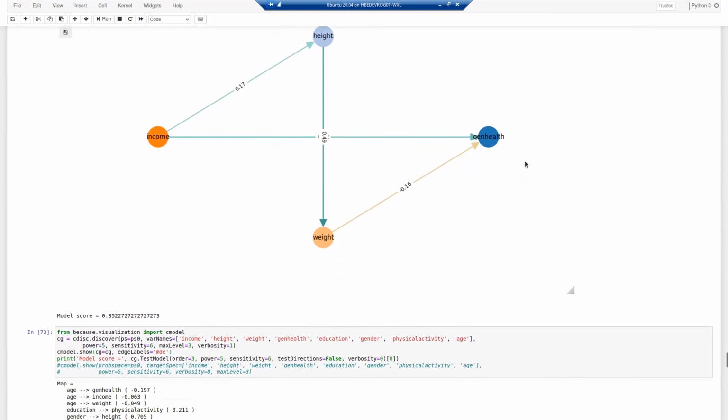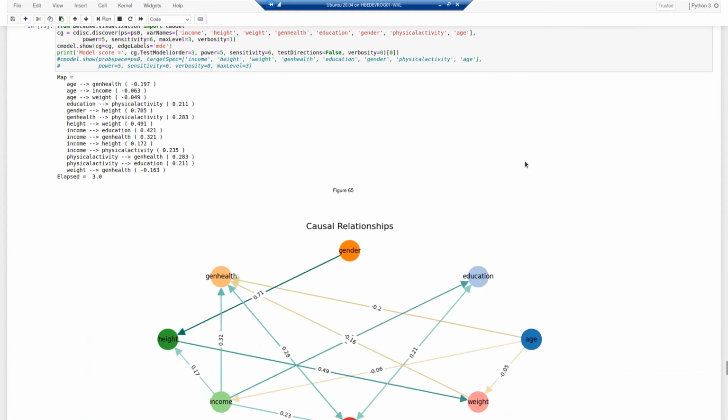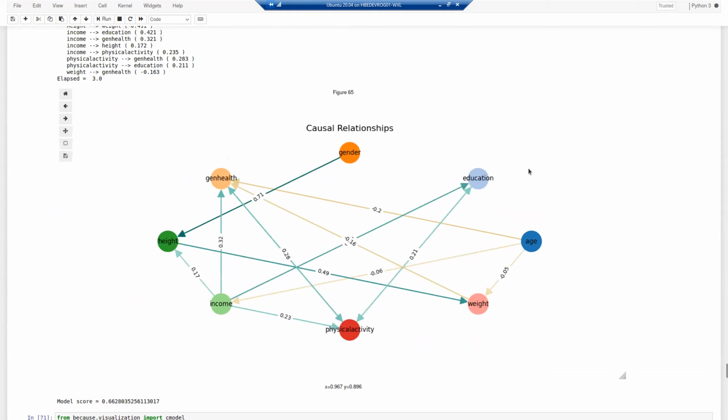Moving on, what happens if we look at more variables? Does it still make some kind of sense? Well, here we added 3 more variables. And if you look at some of the stronger links, gender affects height, no doubt. Height affects weight, no doubt.